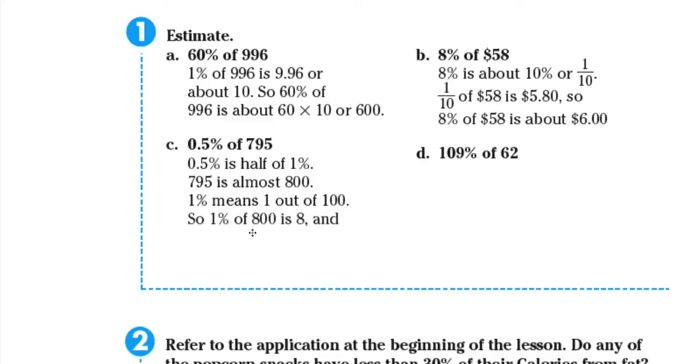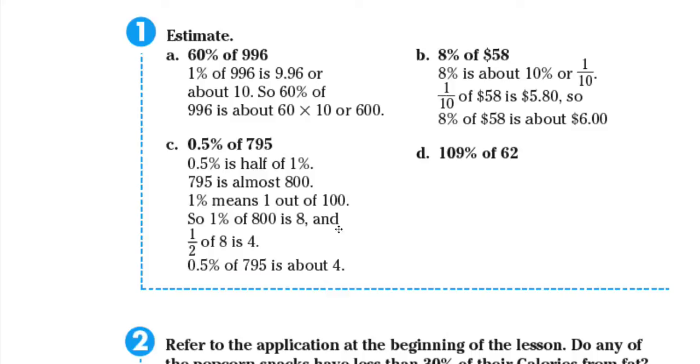So 1% of 800 is 8, and 1/2 of 8 is 4. Why 1/2 of 8? Because 0.5 is half of 1%. So first we get the estimate using the 1% method, but since this is half a percent, we simply divide what we got by 2, or multiply it by 1/2, which is 4. So 0.5% of 795 is about 4.